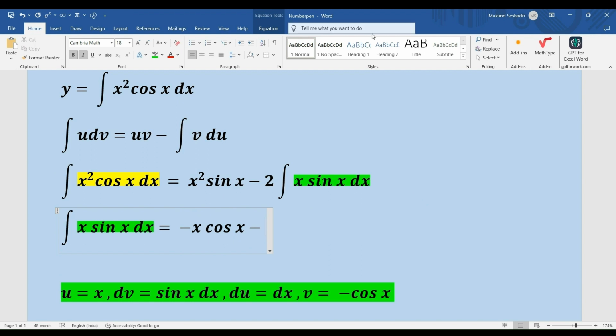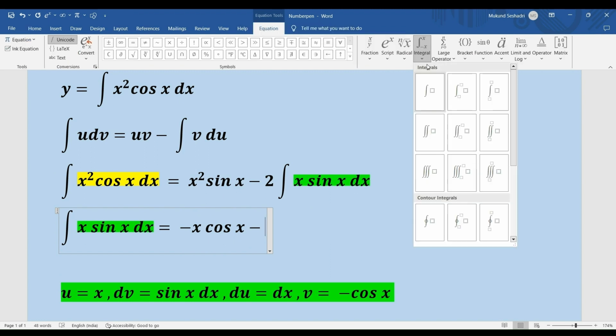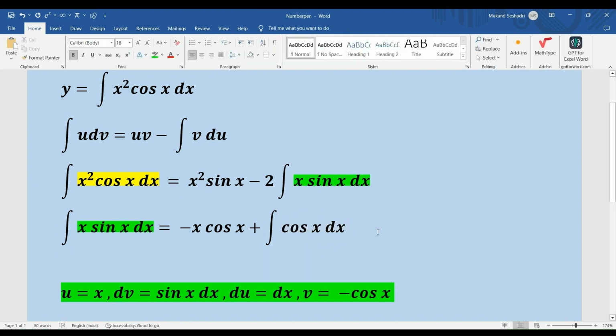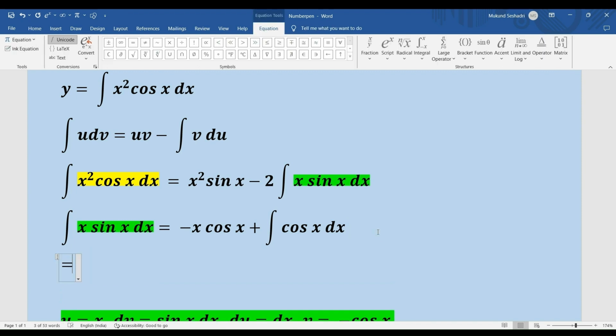Now let's write down my integral of v du, which is nothing but my v is minus cos x. So I will have this becoming a plus, right? And then I have my dx, right? So I know the answer for integral of cos x dx, right? This is something that I'm expected to know from first principles, and therefore I have minus x cos x plus sine x, right? So this is the answer for integral of x sine x dx, right?